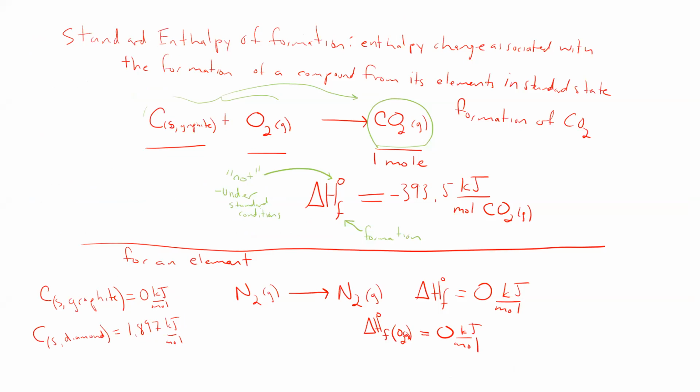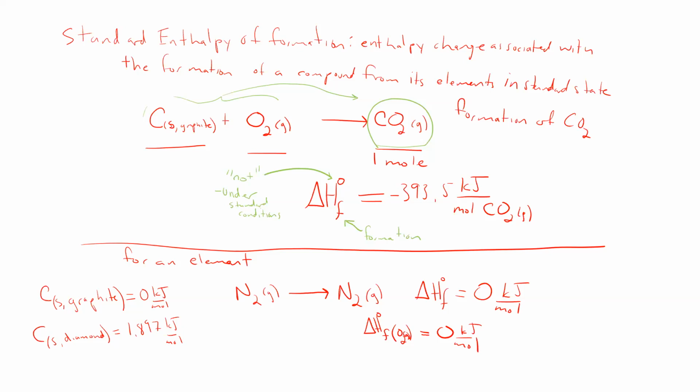So does it mean basically carbon needs that much energy for it to change? No, it doesn't. If you were to change graphite into diamond, the overall enthalpy change is that diamond is a little bit higher in energy. It's a little less stable.